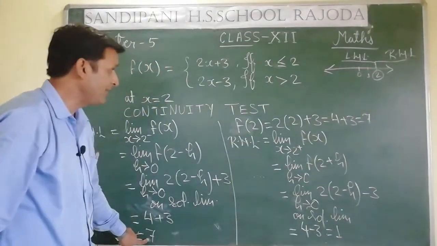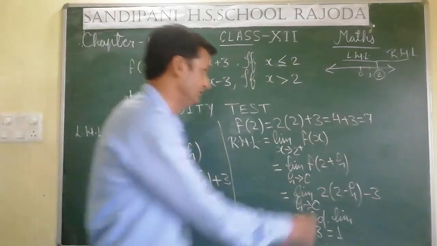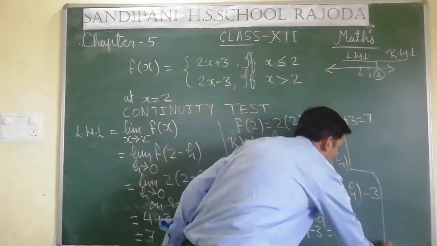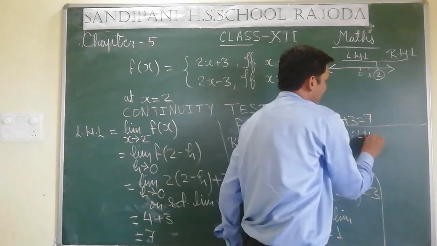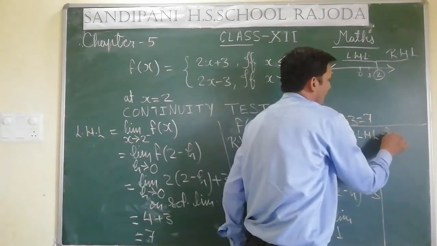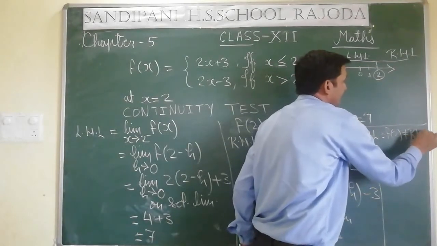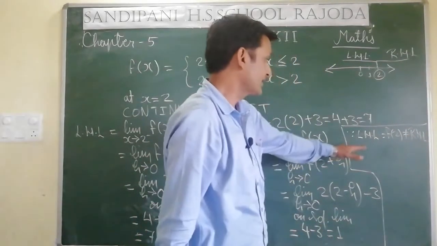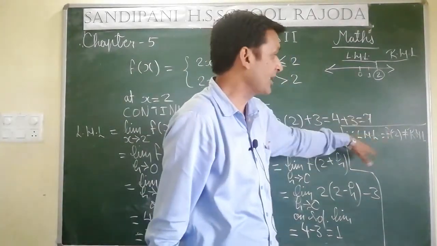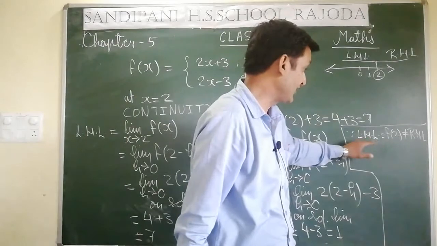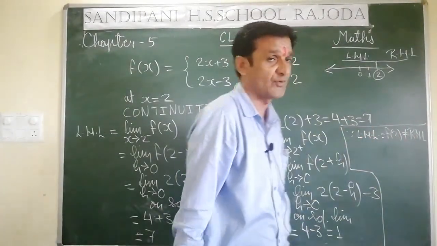So left hand limit is equal to f of 2, but it is not equal to RHL. So we have to mention, because left hand limit is equal to f of 2 is not equal to right hand limit, means if these all are equal, then it is said to be continuous at x is equal to 2, but if it is not equal on either side, then it will be a discontinuous function.